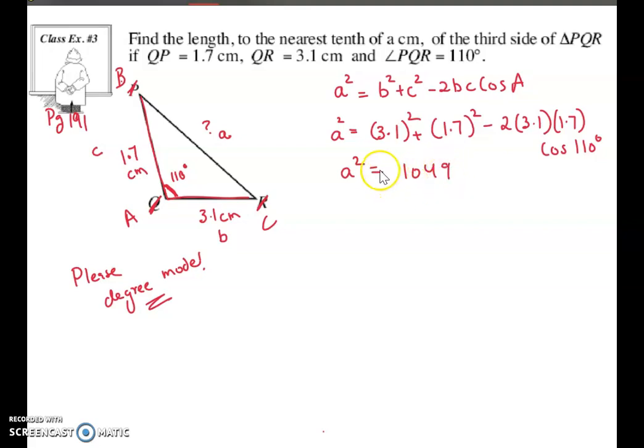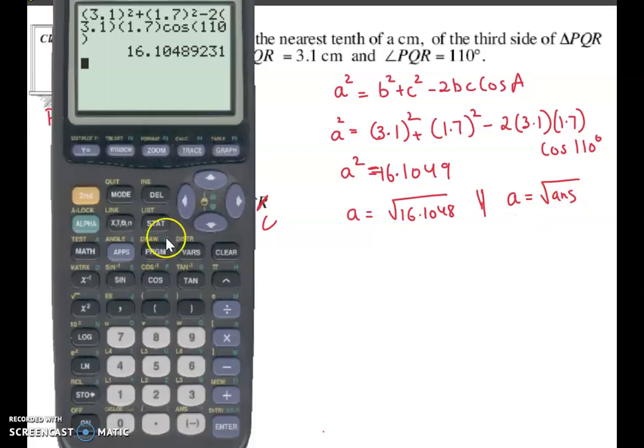Either you keep your decimal in 4 places and then you can do square root of that number, or another way is once you get your answer, leave that answer in your calculator and just go square root and then go second and the negative sign. It will automatically take your answer as it is from the last step. So that way, you don't have to type it out or round it.